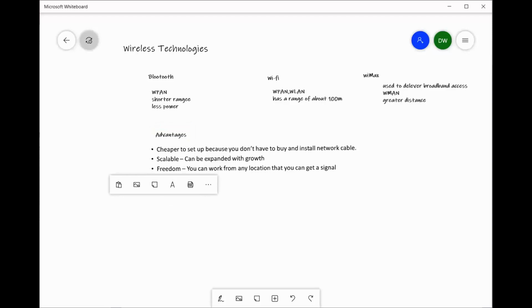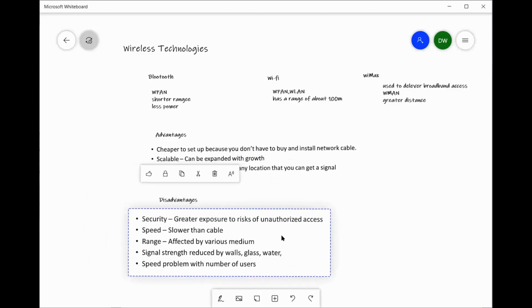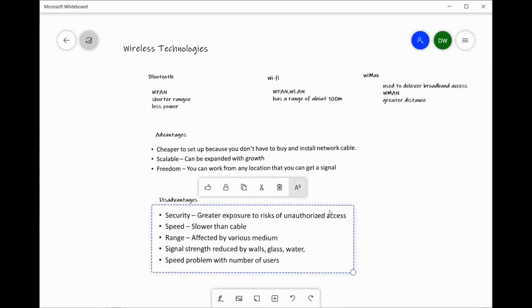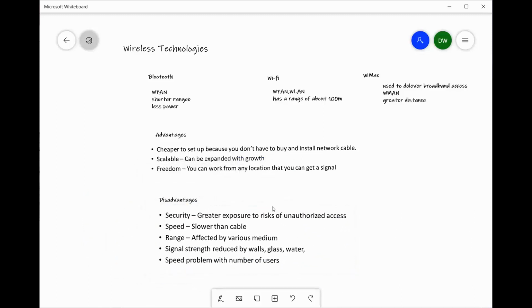And finally, we are going to talk about disadvantages of wireless media. So here we have a number of disadvantages.